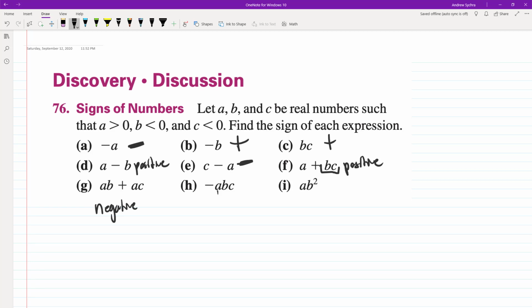Positive. Negative. Negative. So positive. Negative. Is H. B is negative, but it's squared, so it becomes positive. A is positive, so this is positive.